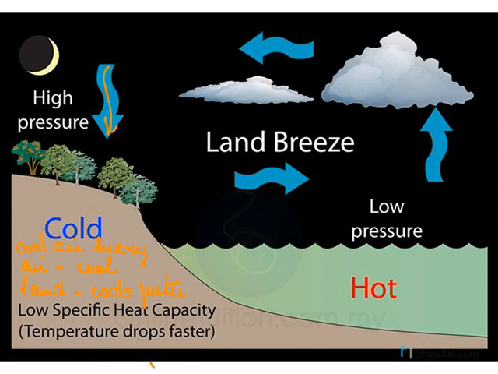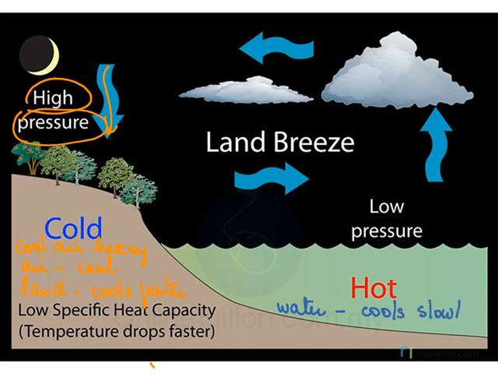So you can see here it settles down, and this causes a high pressure on the land because the air is settling down. Whereas in the sea, the water is still warm. During the day it has got warm, and the water takes time to cool down. It cools slowly, so it is still warm. And the air also is warm. Warm air rises up.